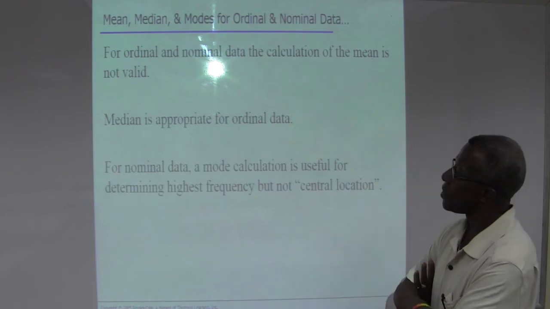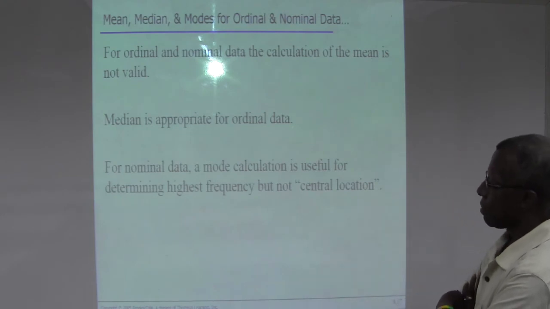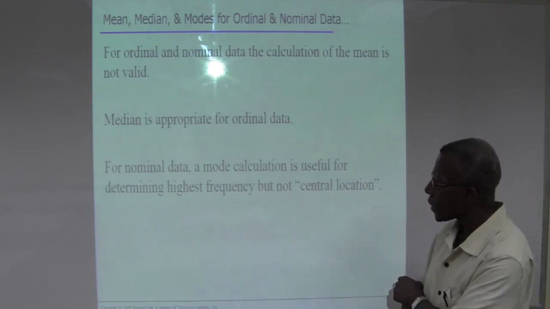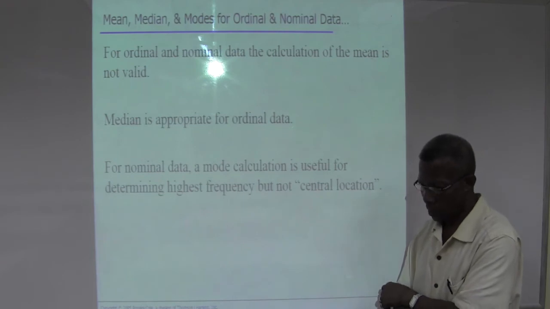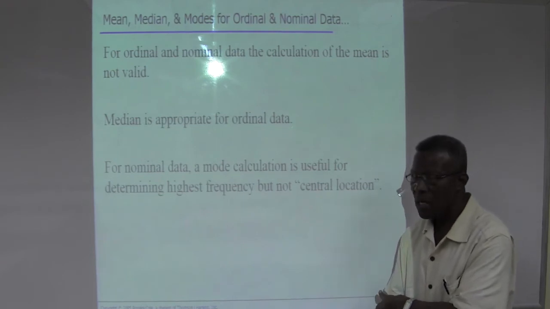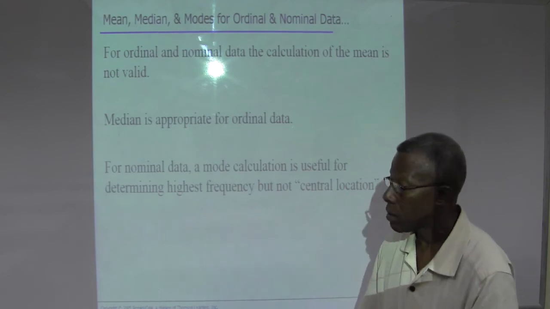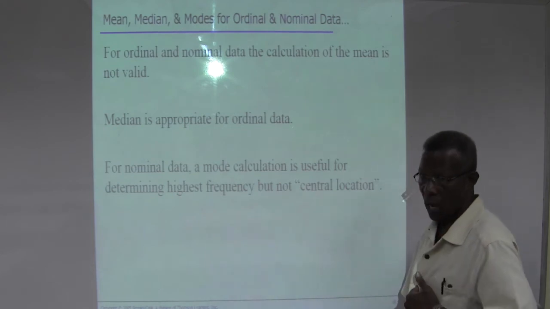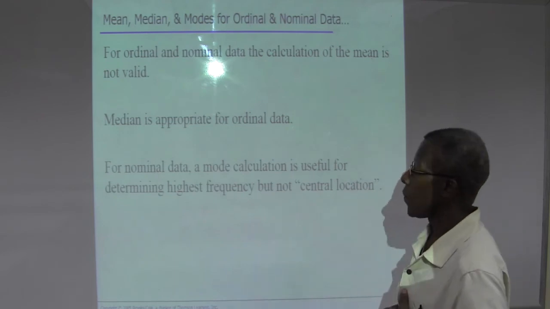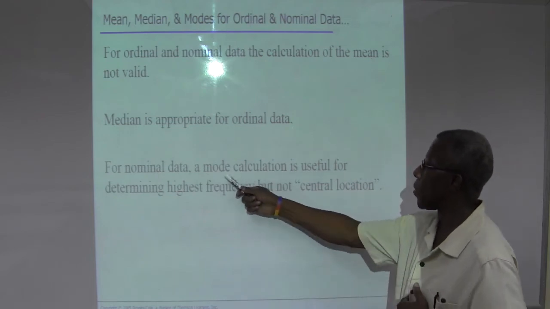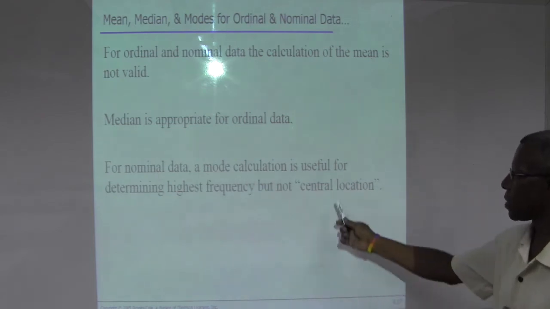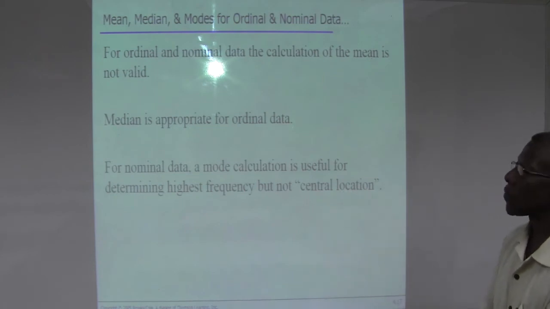You can find out which is the middle value. For nominal data, a mode calculation is useful, obviously. You want to find out within each category what the frequency is, so you can say which category has the highest frequency. Right? So for nominal data, the mode is useful to determine the highest frequency, but not for central location. Not for central location.